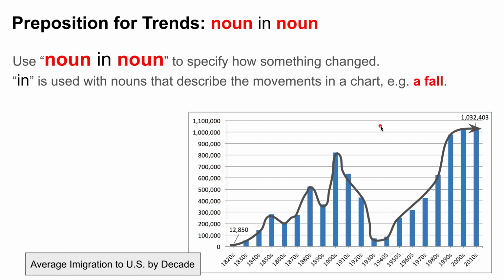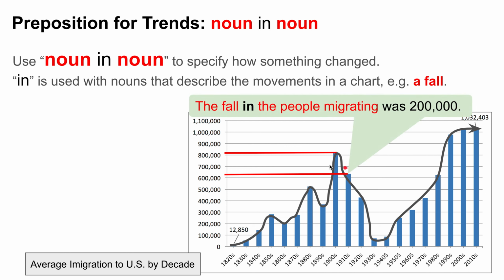Now we're going to look at noun in noun, and we use noun in noun to specify how something changed. So noun plus in plus noun specifies how something changed. In is used with nouns that describe the movements in a chart, such as a fall. Again, we're going to be looking at that change from the 1900s to the 1910s.